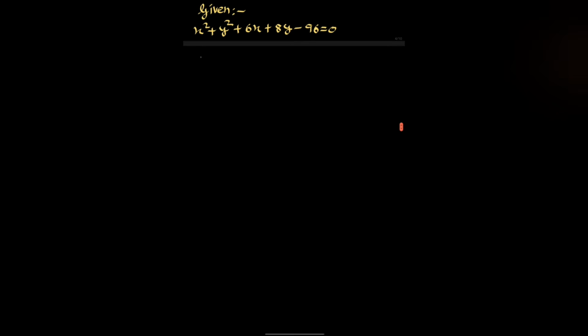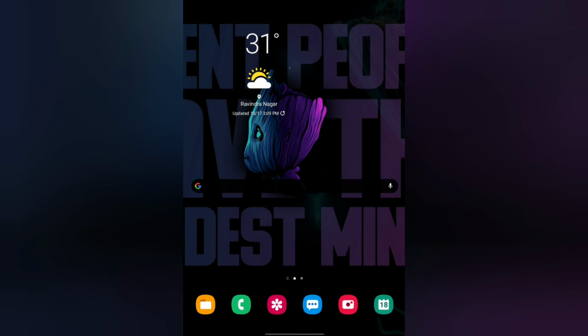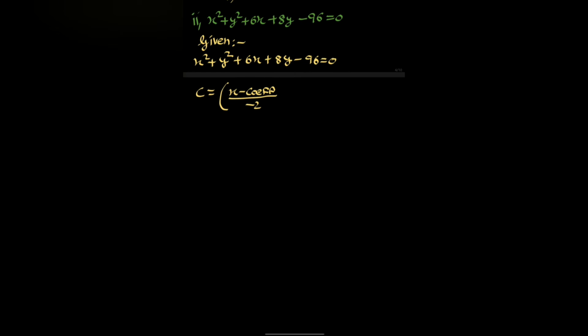So from this, center equal to x coefficient by minus 2 comma y coefficient by minus 2.